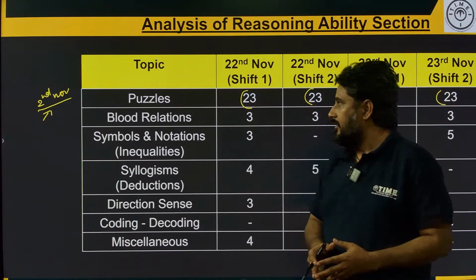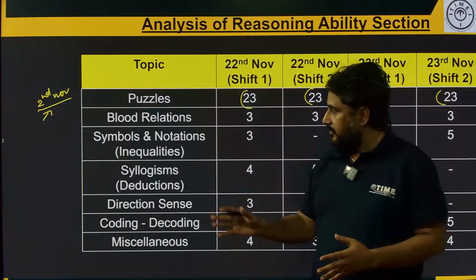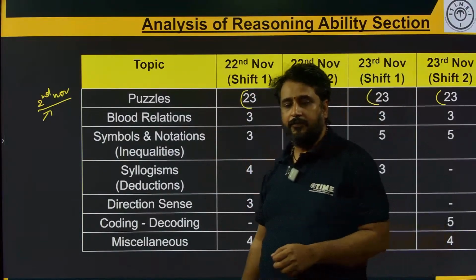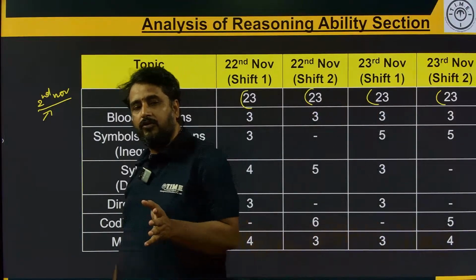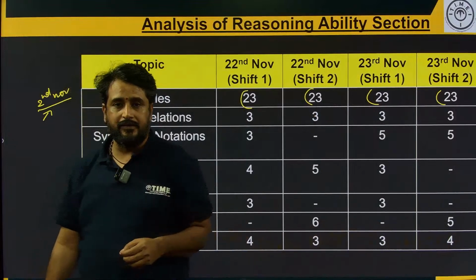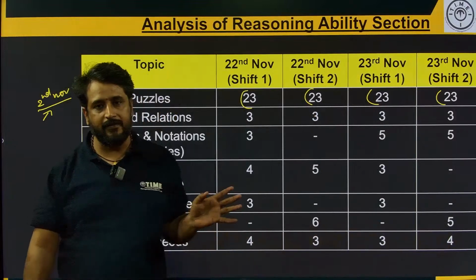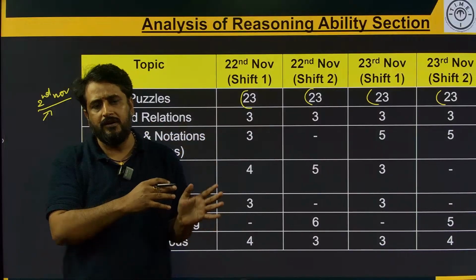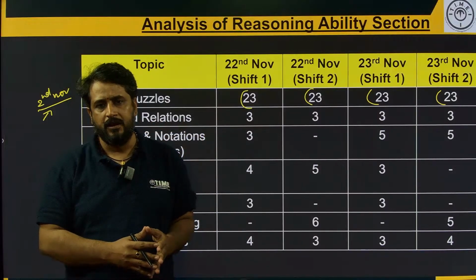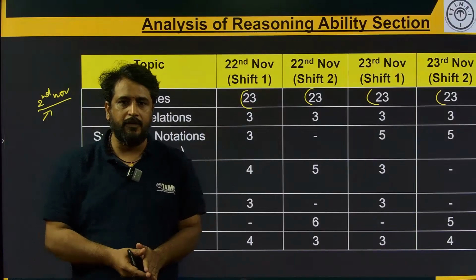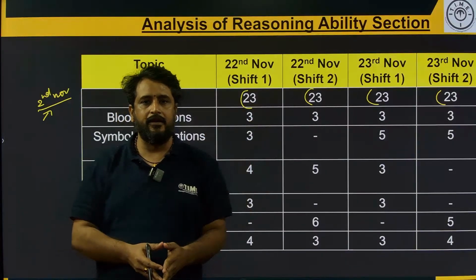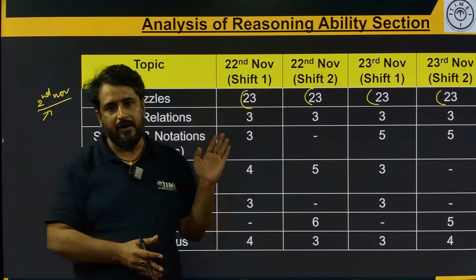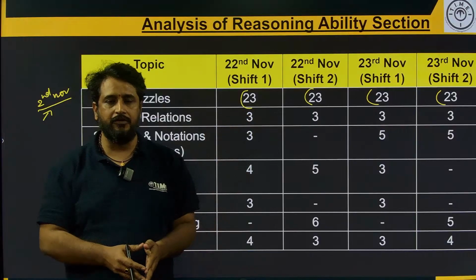Now, across all the slots, if you observe, all the topics were given: puzzles, symbols and notations, coding decoding, direction sense, blood relations, miscellaneous questions, and syllogism questions. Analytical puzzles across all the slots gave 23 questions, and blood relations also appeared across all the slots.